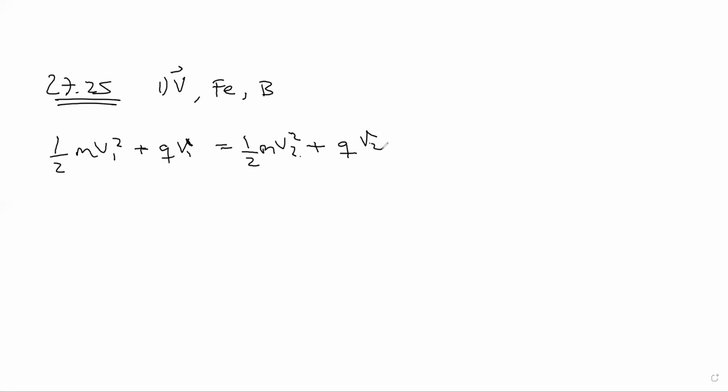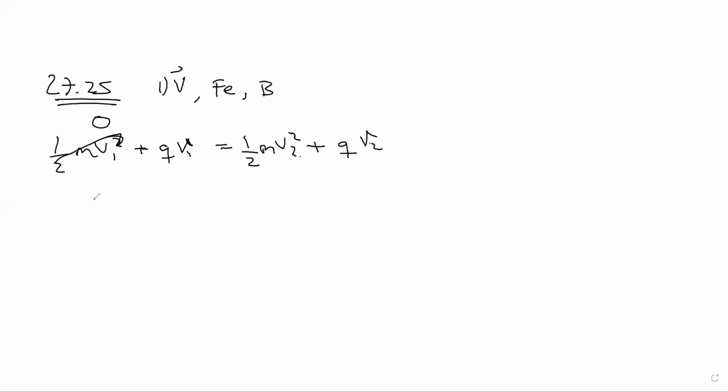Sorry, I'm writing it. Don't worry about it. It is 0 because it's accelerated from rest. Absolutely. Now, we don't know what voltage 1 and voltage 2 are, but we know they're different.